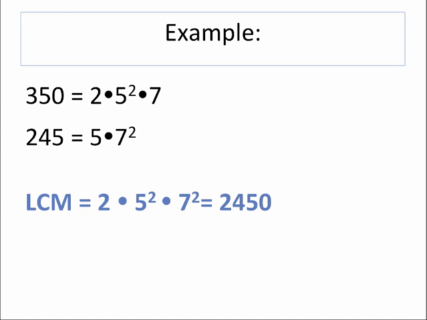And 7, the largest exponent is 7 squared, so we will keep that. So the least common multiple is going to be 2 multiplied by 5 squared multiplied by 7 squared. Take a few minutes and work that out. Hopefully you don't have to do such large mental math, but this isn't too bad if you do. Just be careful and you end up with 2,450.